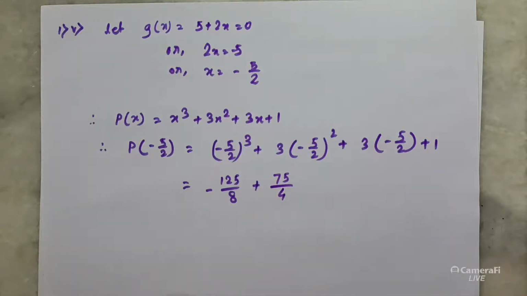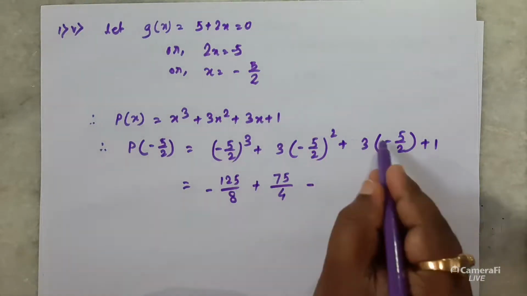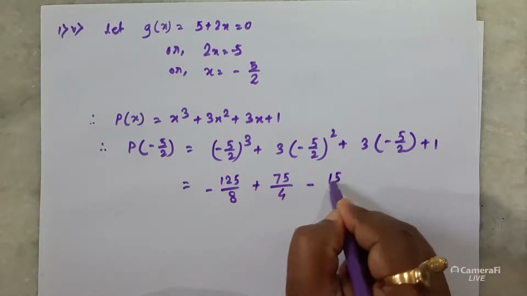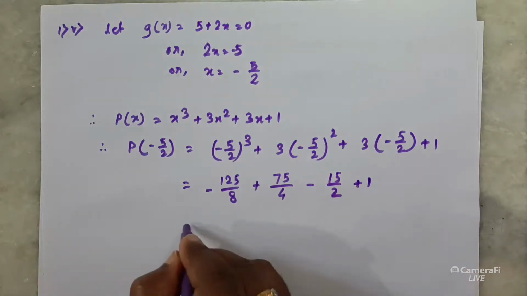Plus 3 into minus 5 by 2, that means minus 15 by 2, plus 1.